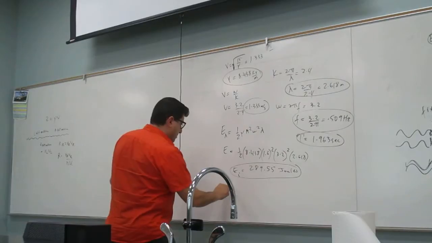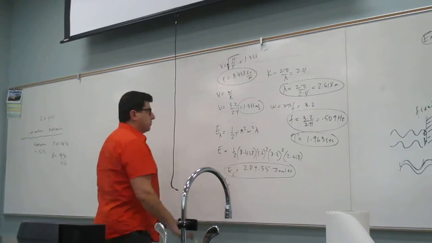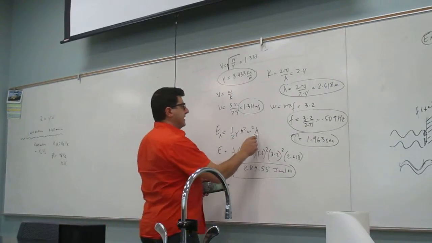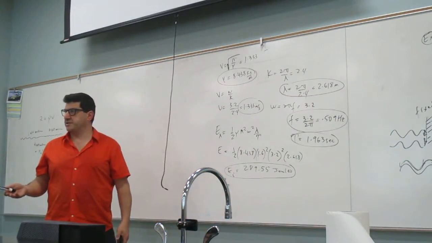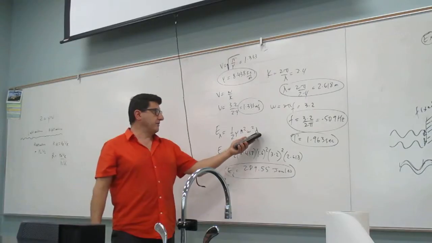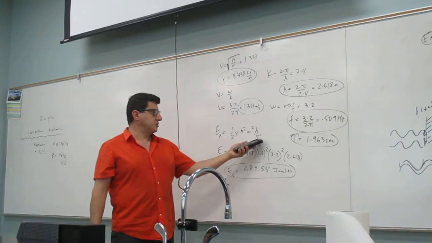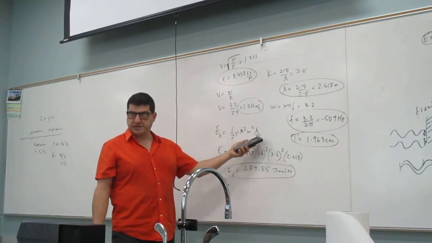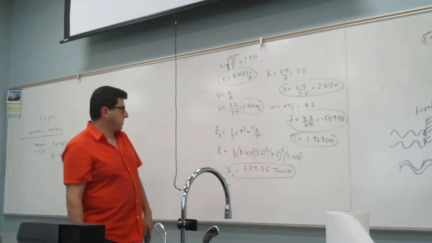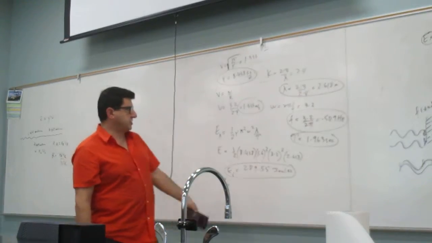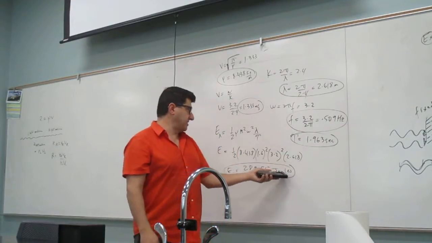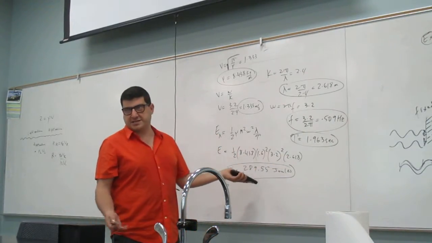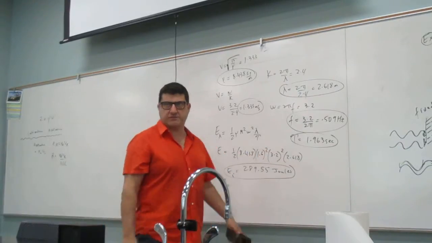And then the power is going to be what? Well, it's just this equation divided by the period, right? Because it's energy over time. Well, when you divide wavelength by period, you get velocity, right? Or what I could do is I already know the period is 1.96, then I can just take this equation and divide by that. That's the easier way because I don't have to recalculate everything.